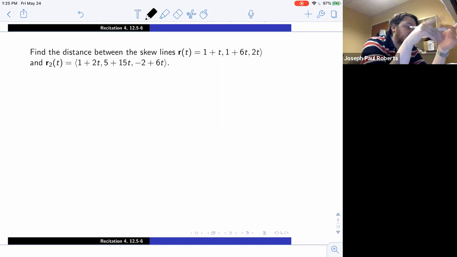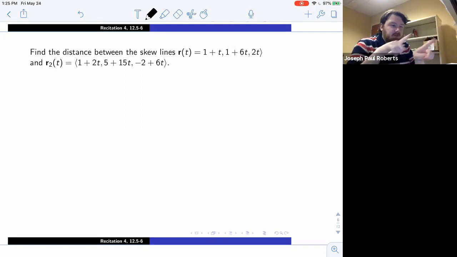And so it turns out that lines in 3D can either intersect, be parallel, which means they have the exact same direction, or they could be skew, which means that they don't have the same direction, and they also don't intersect. So skew lines can't exist in the XY plane, but if you're in space, there's more room, and it is possible to have non-parallel lines that don't intersect, and that's the definition of skew.